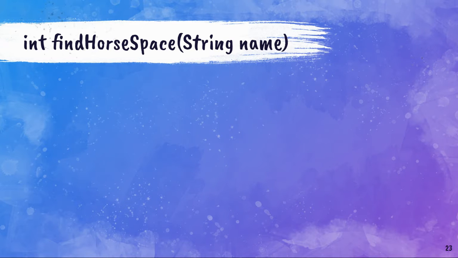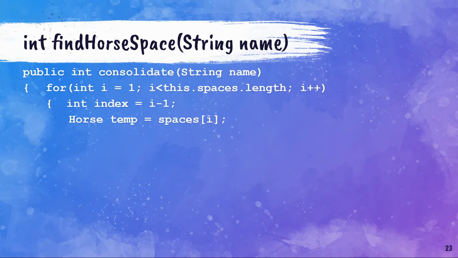So here's my solution using a different algorithm. Same method, and again, you don't get any bonus points for doing it one way or the other. I just want to show here's a different solution. All right, so here's my way of going about it. I'm going to loop through.